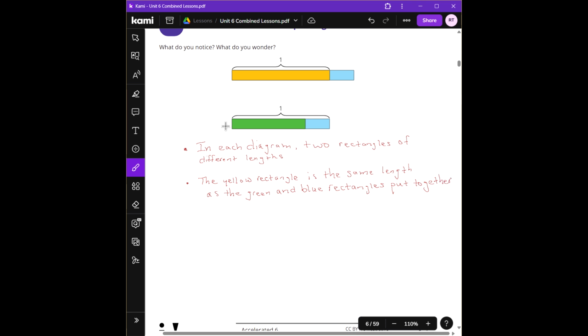Okay, so we can see that we have 1 and 1. So that's how we're getting that one right there.